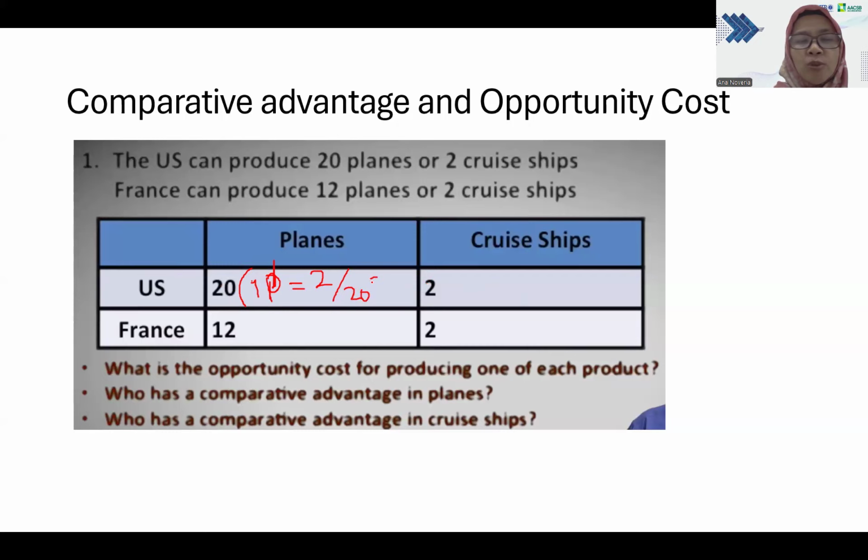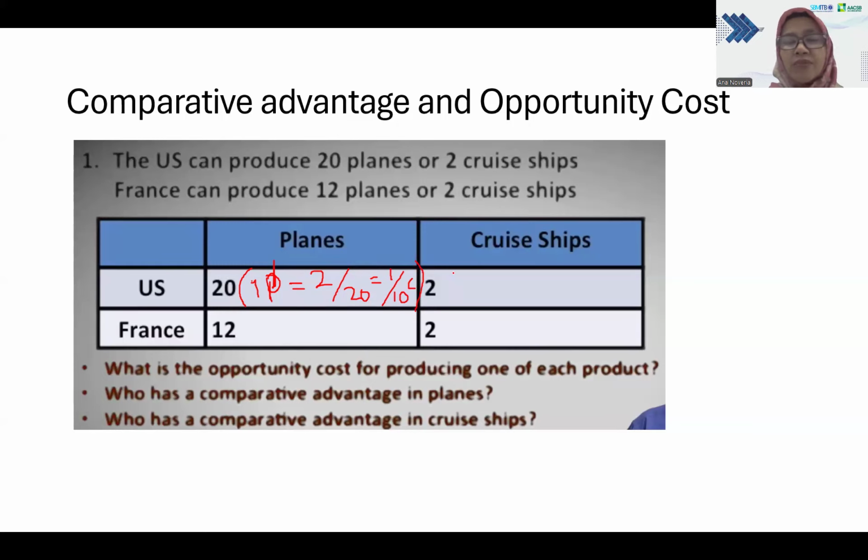So the opportunity cost of producing one plane is 1/10 of cruise ship. I just write C for cruise.